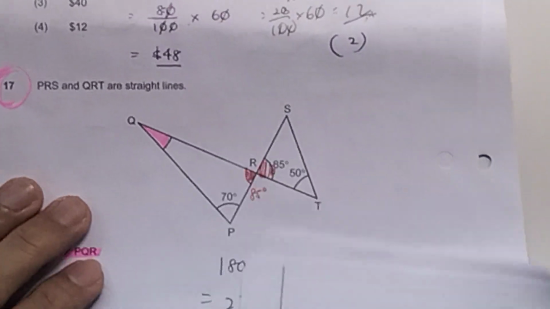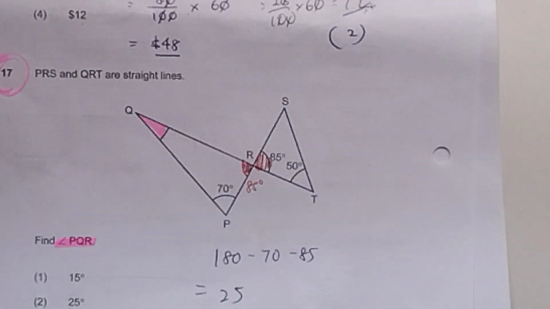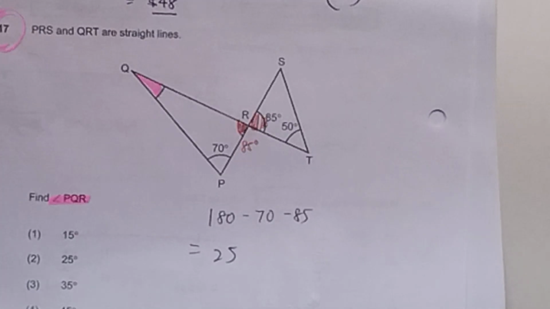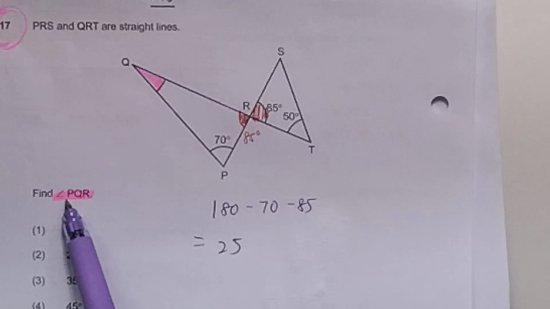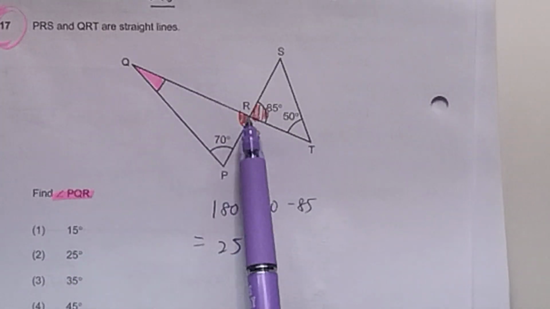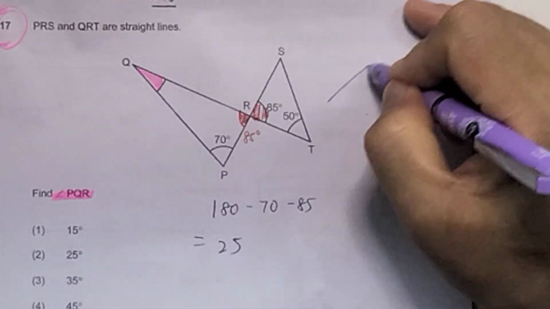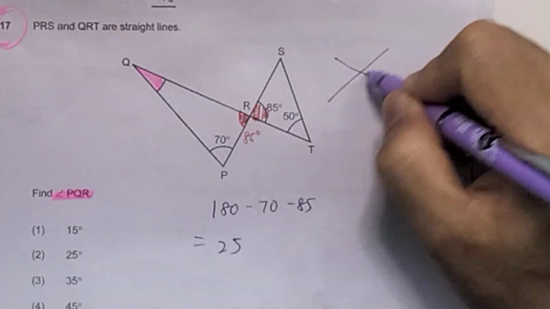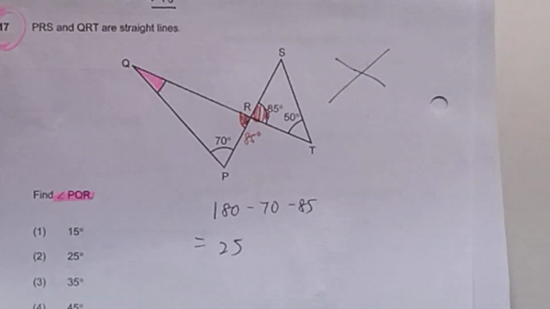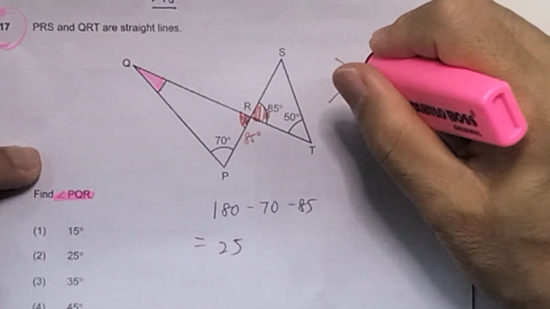Next one. Again, the angles questions. I'll still go through this for completeness' sake. Now, these are straight lines. Find angle PQR. Now, you should have learned, or you will be learning, that if 2 straight lines cross each other, angles that are opposite each other are called vertically opposite angles, and they are equal.